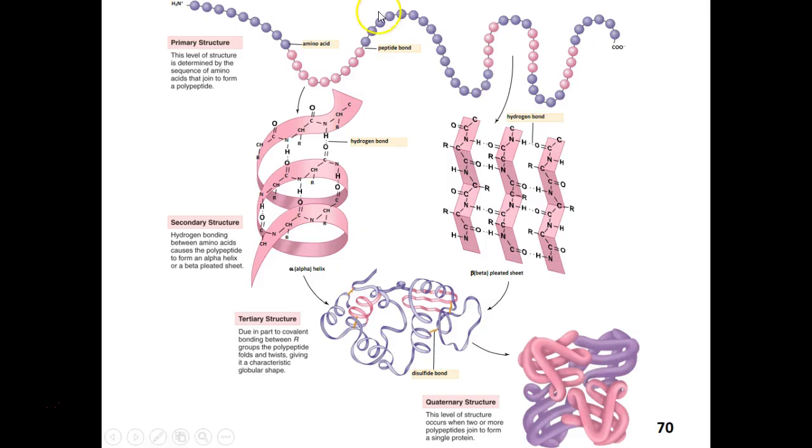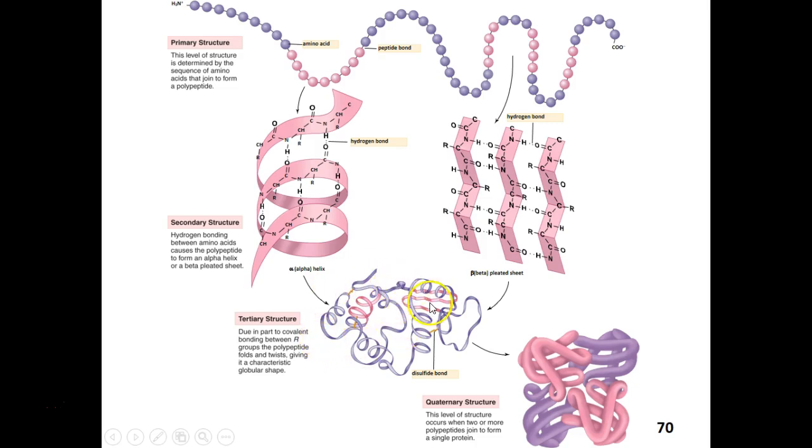So here we have the primary structure, a bunch of amino acids that are bonded, and each of these bonds is called a peptide bond. Here's the secondary structure. Here's the alpha helix, and here's the beta pleated sheet. These are very weak. They're held together by weak hydrogen bonding and some other intermolecular interactions. Here's the tertiary structure.